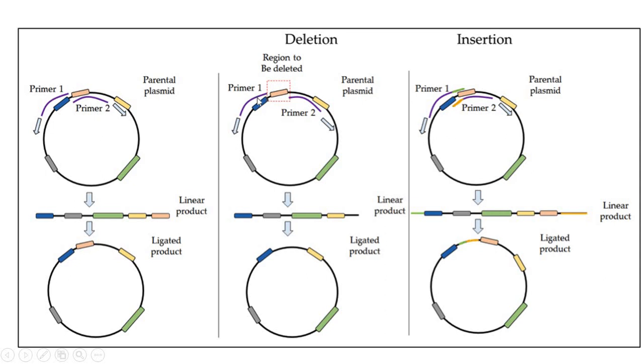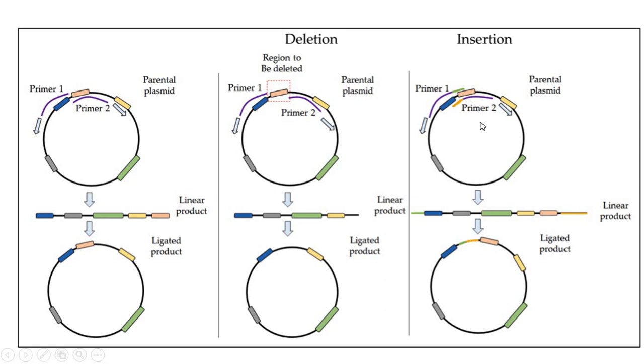Primer 1 goes away from this sequence, and primer 2 starts away from the sequence as well. So when it amplifies, it will only amplify from here to here, here to here. This way you deleted that region, and then you can ask the question, what was the function of this particular sequence.